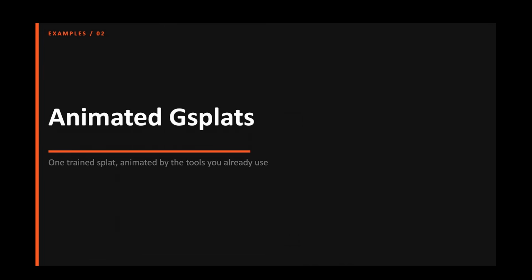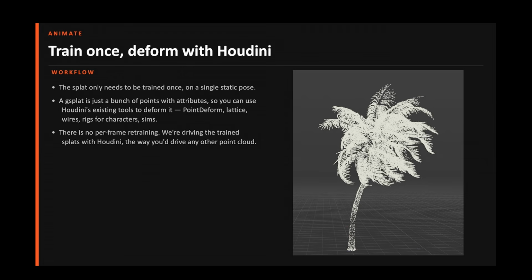All right, so let's have a look at how we can animate G-splats. So I will show it on the example of this palm, which of course I had to only train this G-splat once on a static pose, and G-splats, of course, are just, for us Houdini artists, a bunch of points with attributes, so we can manipulate them as we see fit.